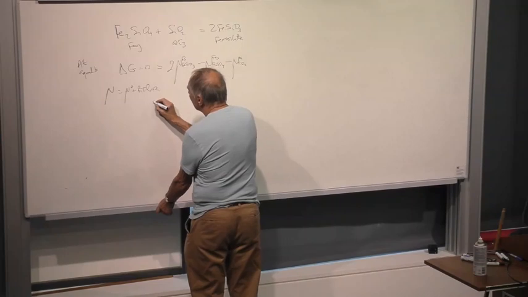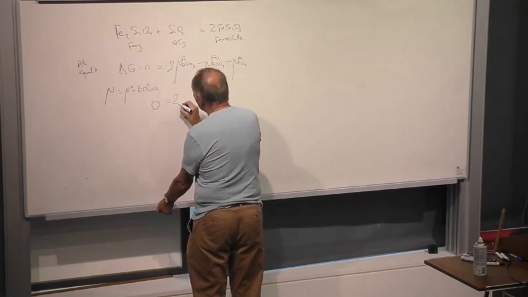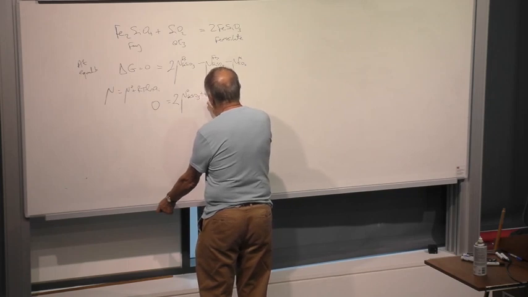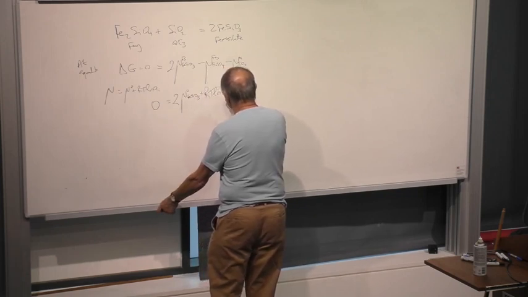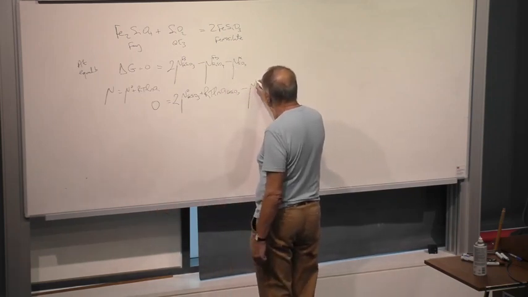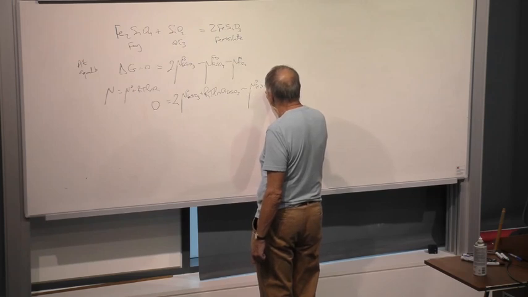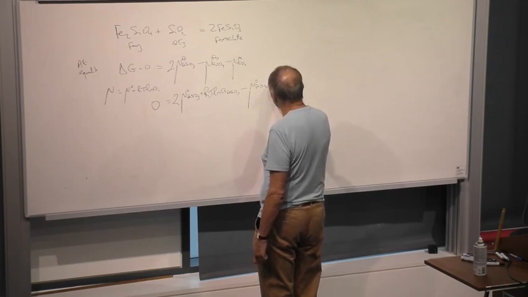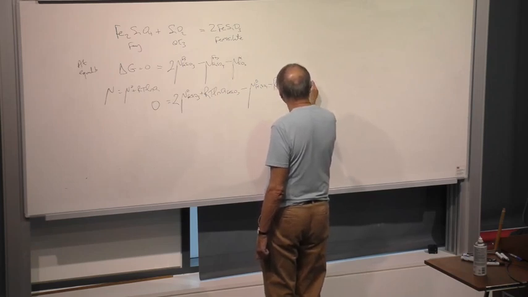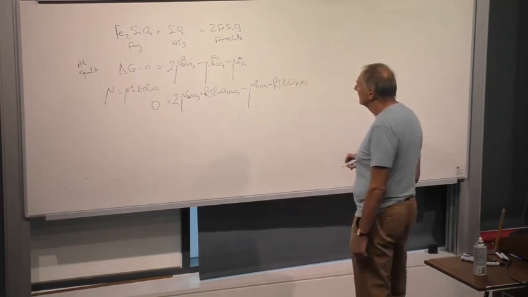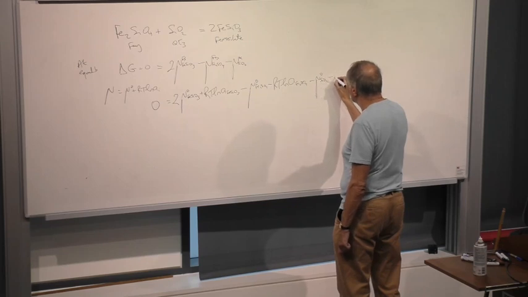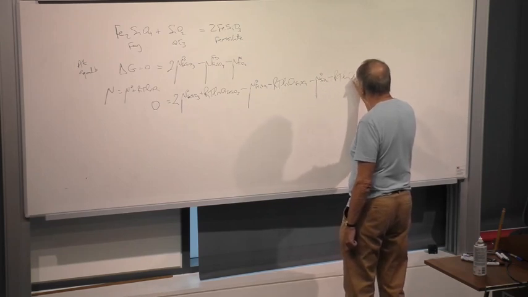So 0 then equals 2 mu 0 FeSiO3 plus RT ln a FeSiO3 minus mu 0 Fe2SiO4 minus RT ln a Fe2SiO4 minus mu 0 SiO2 minus RT ln a SiO2.